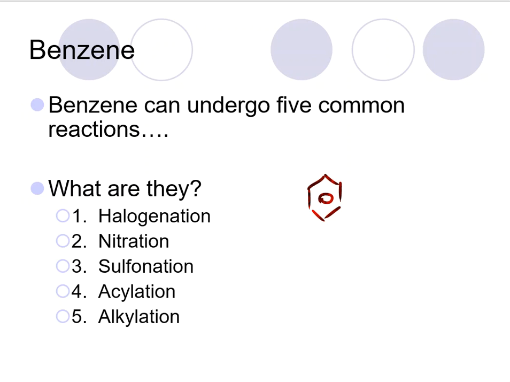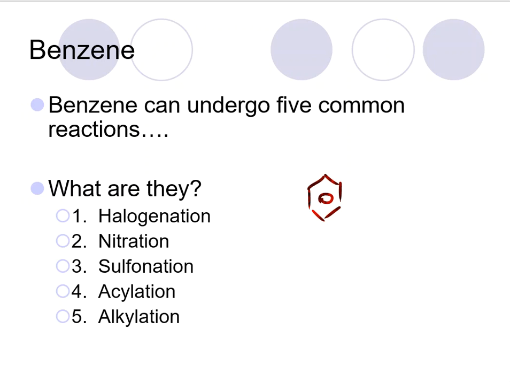They're kind of like double bonds in there, not really, but kind of. If you break one of those double bonds, it destroys the delocalization, so it doesn't want to happen. No addition reactions take place. A substitution reaction takes place instead. And all of these gave us a substitution reaction.